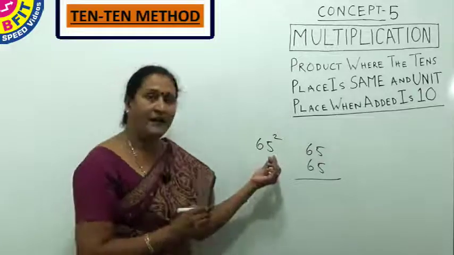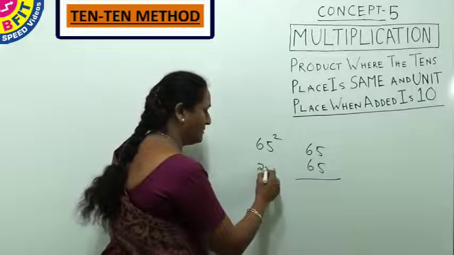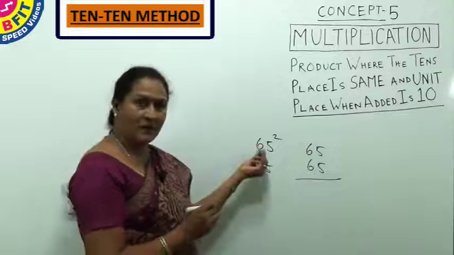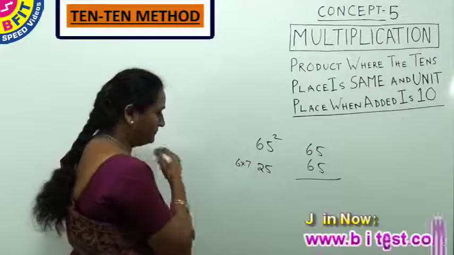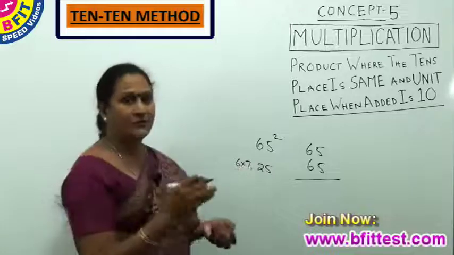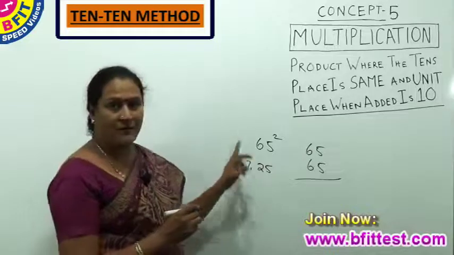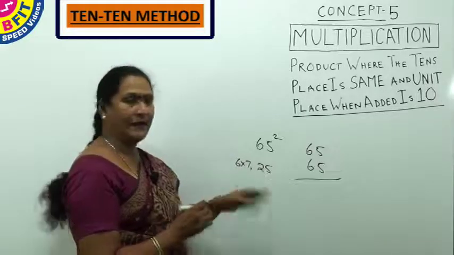For a number ending with 5, we write 25 as the last two digits. And what are the remaining numbers? We multiply this 6 with its following number. So the square of 65 is 6 multiplied with the following number, that is 7. So 6 into 7, and write 25.